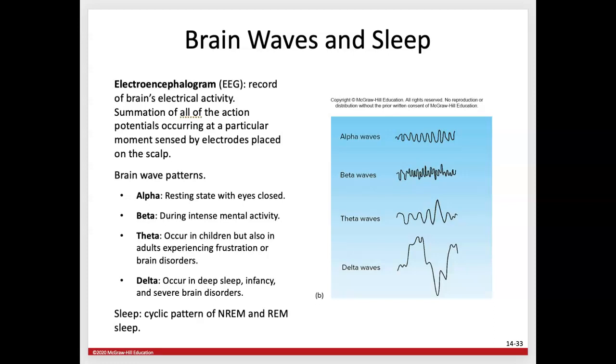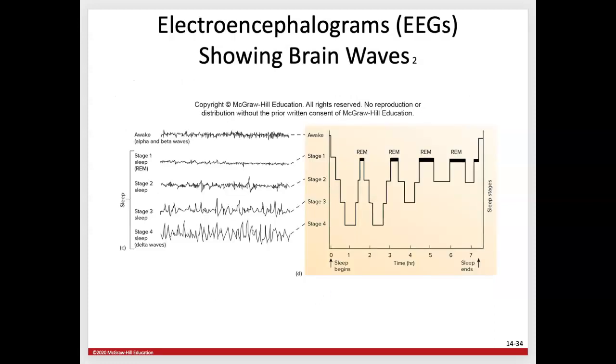We have a couple of different brainwave patterns included here: alpha, beta, theta, and delta. Our sleep cyclic patterns of NREM and REM sleep. You can see here what our brain is doing during sleep, and where we are in each stage.